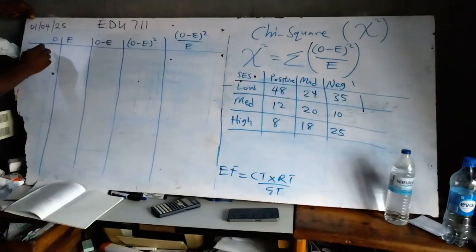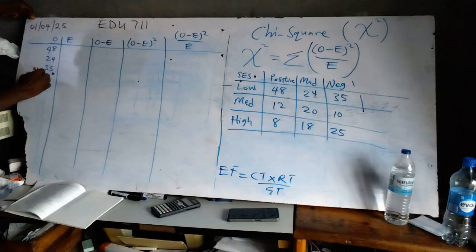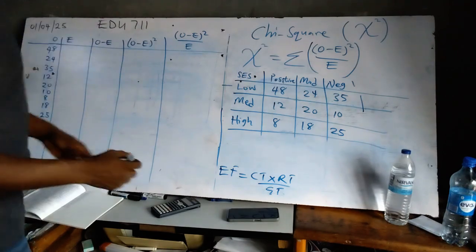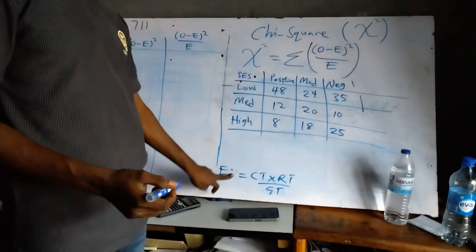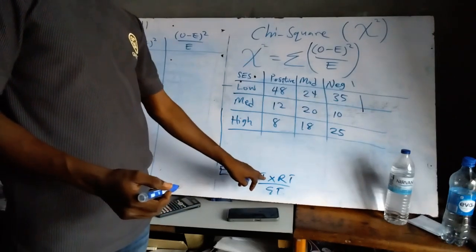So we have 48, 24, 35, 12, 20, 10, 8, 18, and 25. So now, to get our expected frequency, our E, we need column total, and we need row total, and we need grand total.